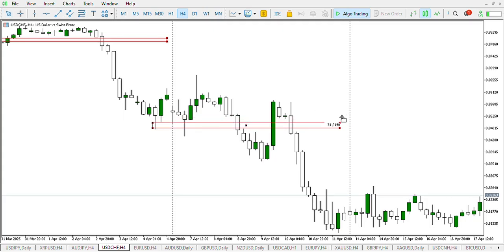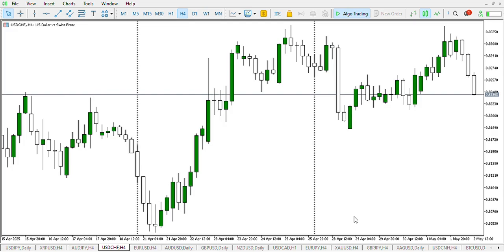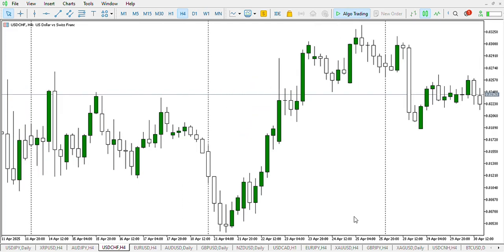So you can see as price broke, price played out the price action here. Even though price came back into this range, it still continued to drop because this price action has already confirmed the strength of the sellers. So no need to complicate things further.